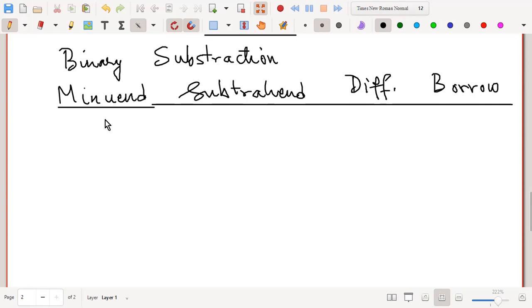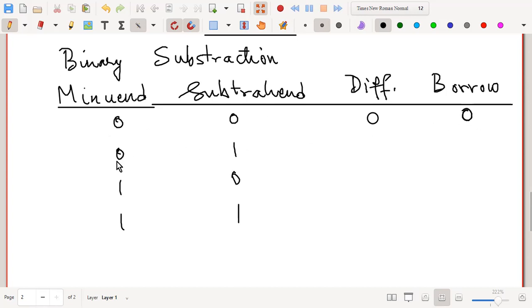So let us have 2 numbers. First one 0 0 1 1, and then 0 1 0 1. If you do the subtraction of 0 minus 0, the difference is 0, and you did not take any borrow to subtract, so the borrow is also 0.